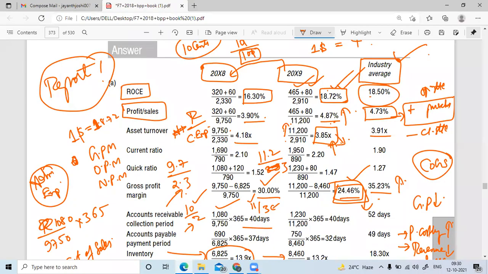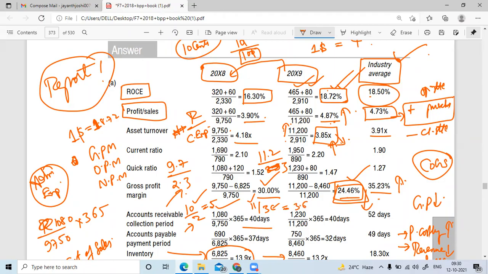Very, very simple. 10 by 2 is 5. 11 by 3 is how much? 3.66.